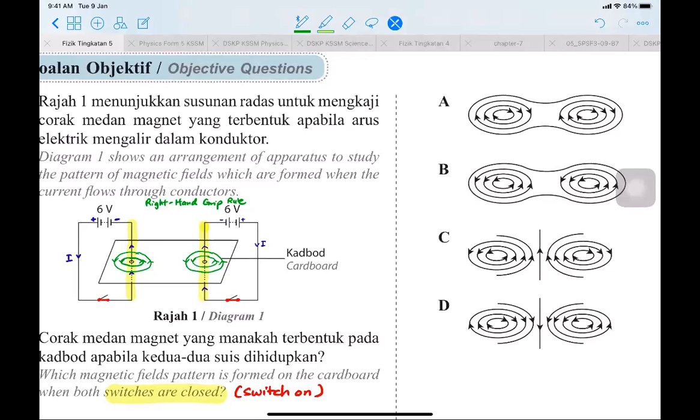B. Everyone says B. Yes, the correct answer is B, because the magnetic field patterns on both sides are in the anti-clockwise direction. So the answer is B.